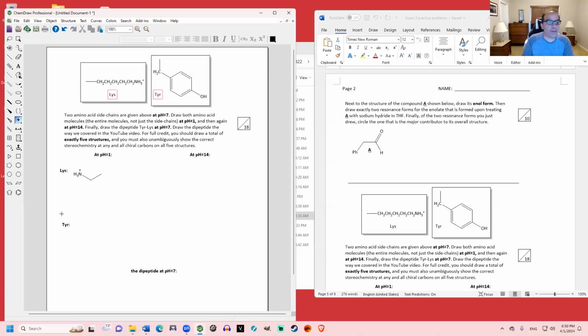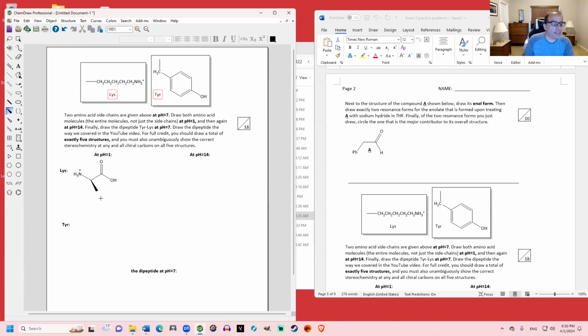It will be protonated at pH 7 also. Then we have the carboxylic acid carbon, which at pH 1 will also be protonated. At pH 7 and 14, this will be O- instead of OH.